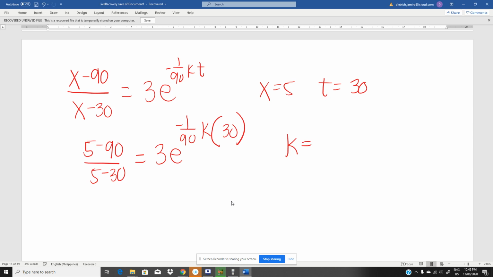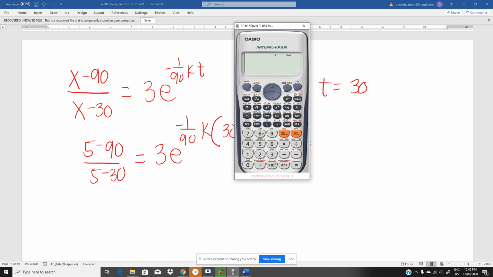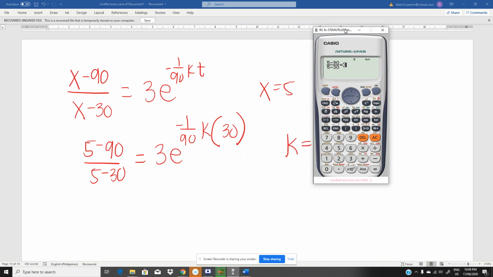Solving for k using the calculator, we will have (5 minus 90) all over (5 minus 30) equal to 3 exponential of negative 1 over 90 multiplied by our k, which is going to be our x, our unknown, multiplied by 30.